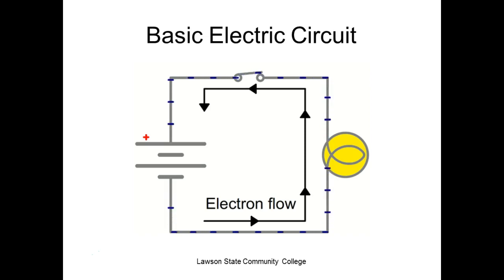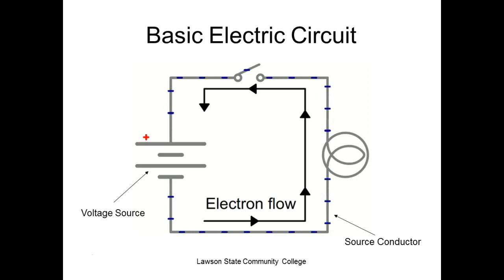For electron flow, it might be the what? The left-hand rule. That's the only thing I know it makes any difference. It don't change any polarities. It's not going to change how you hook up your meter. It don't change any math formulas. All it does is change your rules for magnetism, electromagnetism. Voltage source, we call this the source conductor, the load, and then the return conductor. Are we okay?